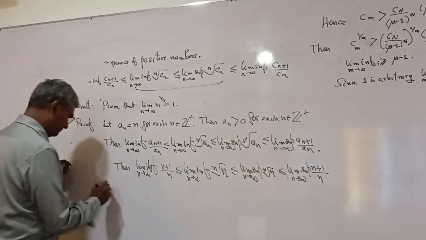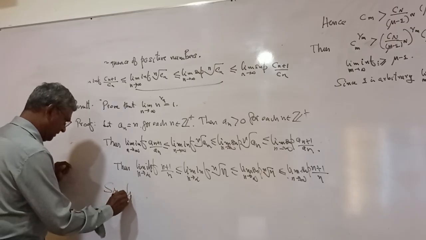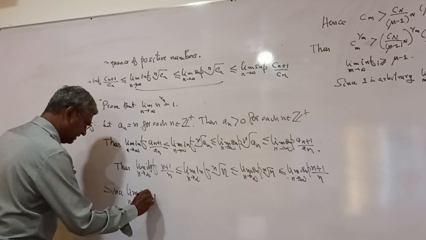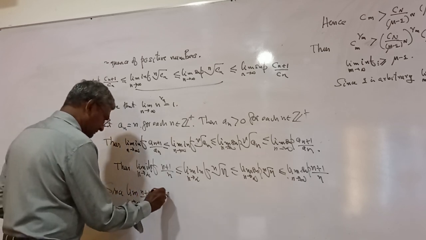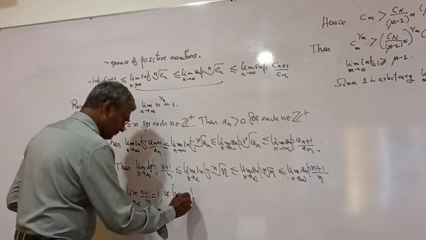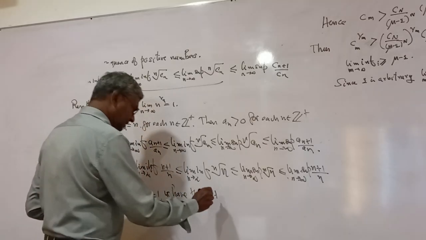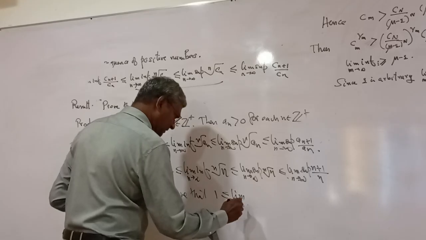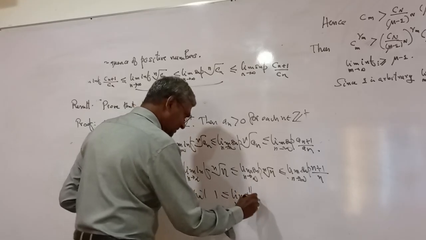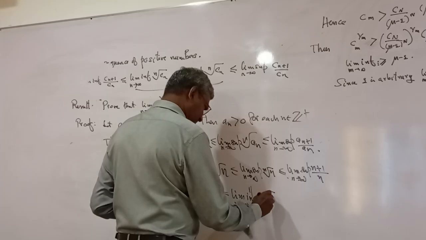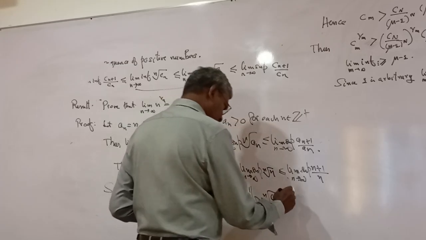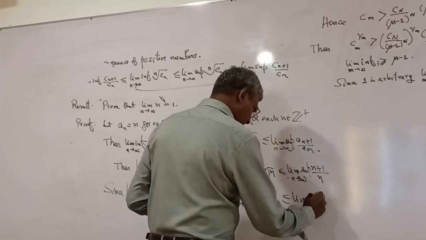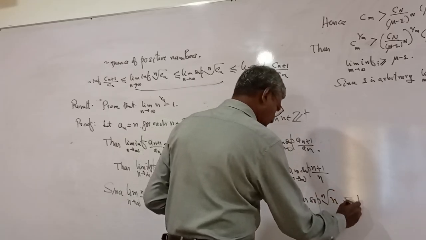Thus, since the limit as n tends to infinity of n plus 1 divided by n is equal to 1, we have that 1 is less than or equal to lim inf of the nth root of n, less than or equal to lim sup of the nth root of n, less than or equal to 1.